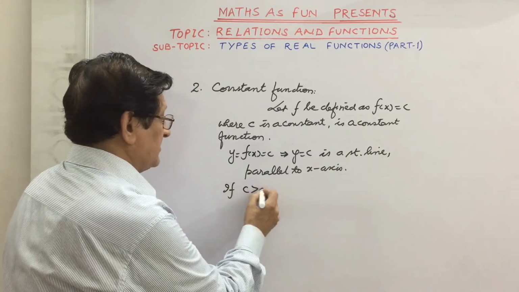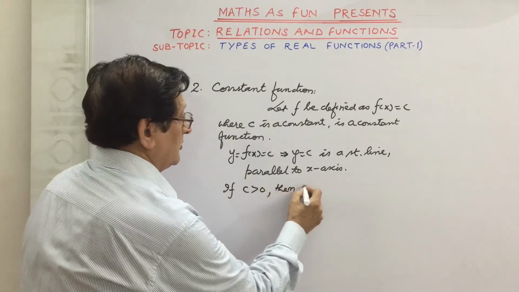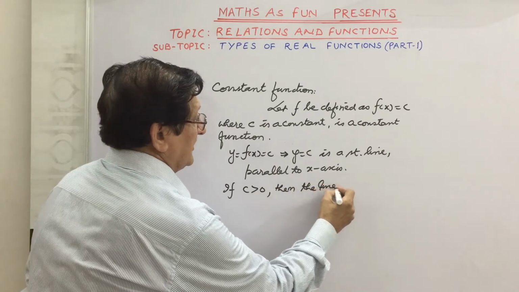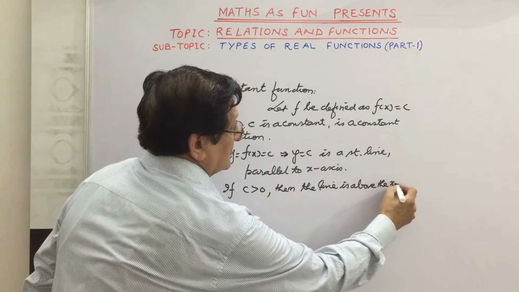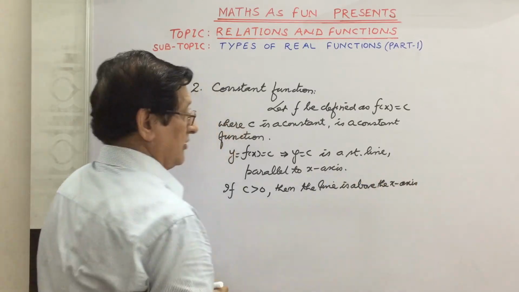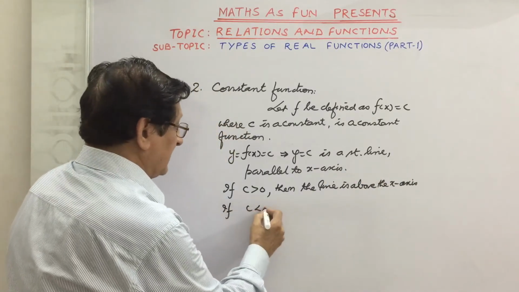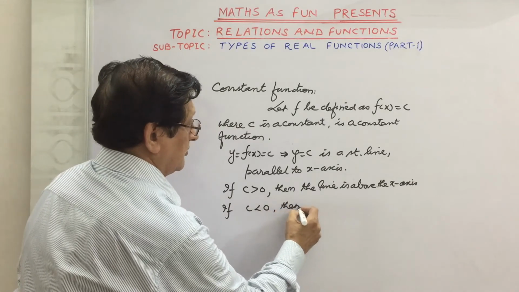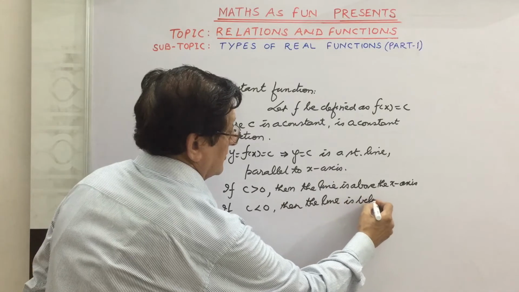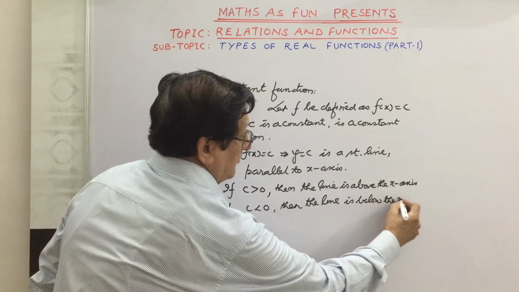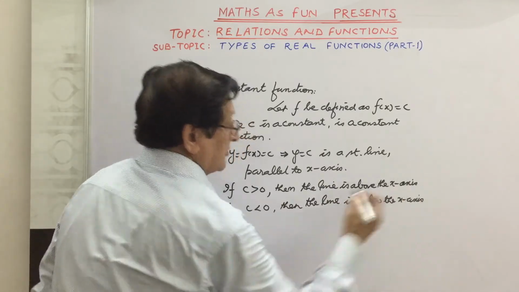If c is greater than 0, then the line is above the x-axis. And if c is less than 0, then the line is below the x-axis.